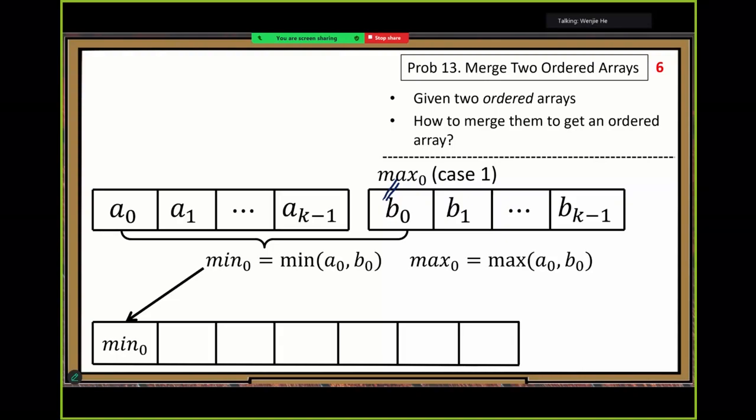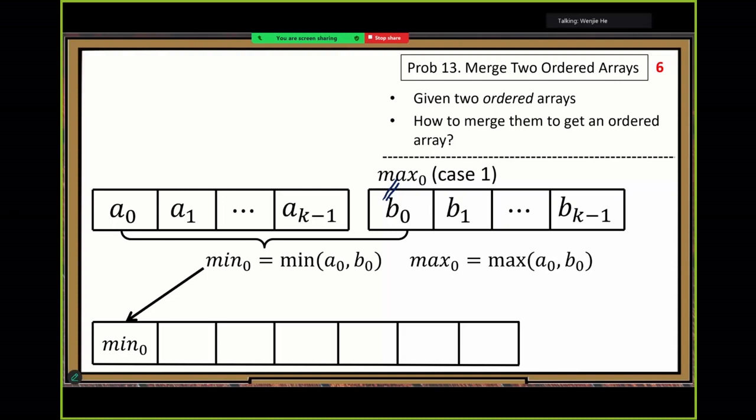Then for the next comparison, B0 has a chance to be the next element in place, right? But there is another candidate, A1. A2 will not be a candidate, because A2 is greater than A1. So only A1 is the other candidate.